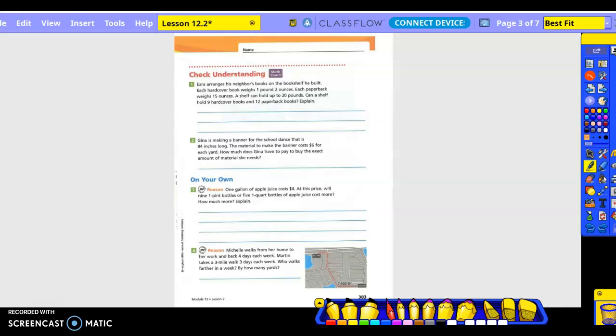Can a shelf hold 9 hardcover books and 12 paperback books? Okay, so we're going to work that out and then explain if it'll work or not.